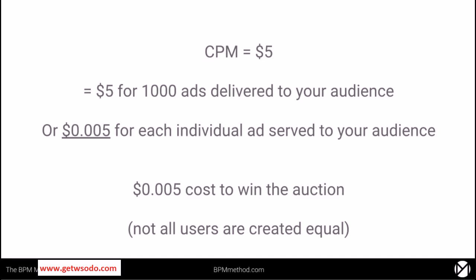So here's the thing. Let's say, for example, your CPM, your cost per thousand impressions, is $5. That means it costs you $5 to reach 1,000 impressions, not 1,000 people, but for your ad to be seen in the newsfeed, in stories, or whatever the format is, 1,000 times.